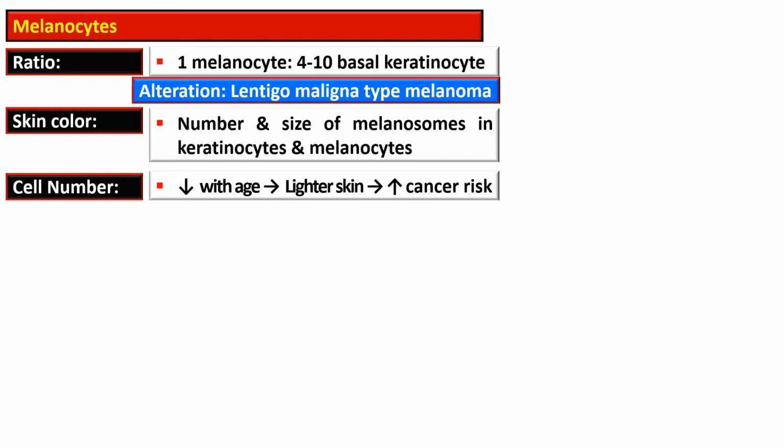As the age advances, the cell number decreases and people become lighter colored skin, and due to this lighter colored skin and decreased protective effect of melanin, there is increased risk of cancer.